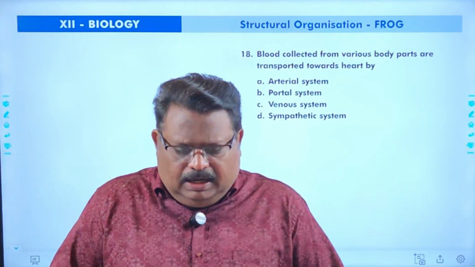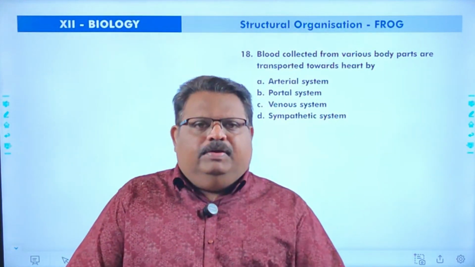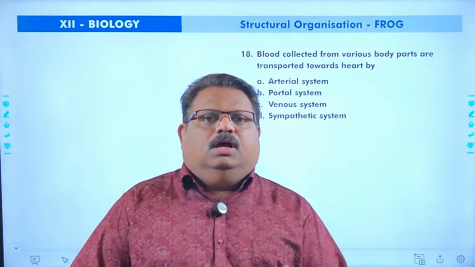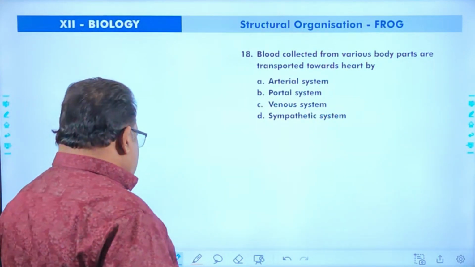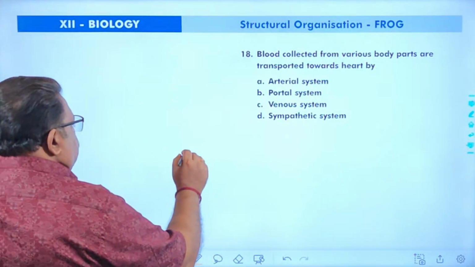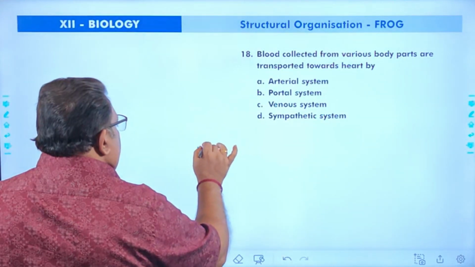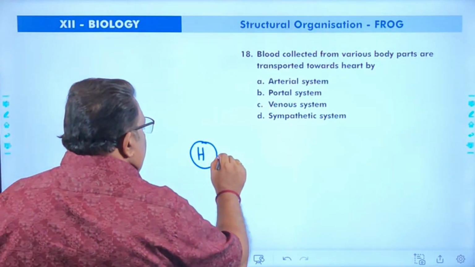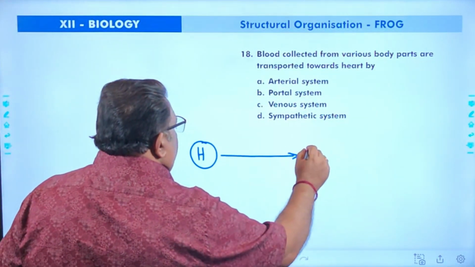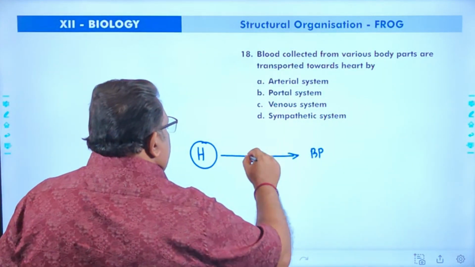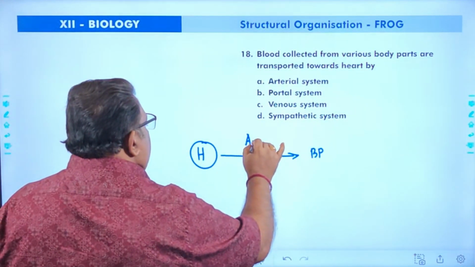Next one, the blood collected from various body parts is transported towards heart. Look, in the case of the blood circulatory system, suppose this is heart. From the heart it is transported to body parts by the system called arterial system.